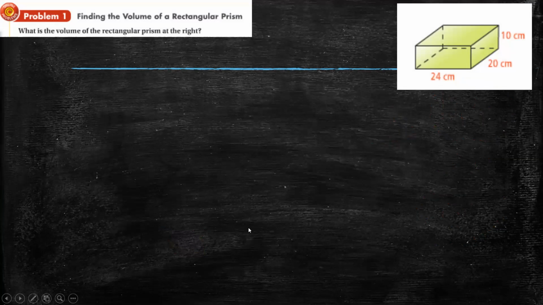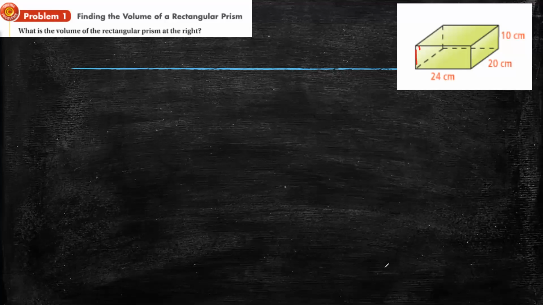Let's have this example here. In this example, let's find the volume of a rectangular prism. Here we have a prism. It's rectangular, which means its base is a rectangle. Now I have to find the volume. Look at this rectangular prism.